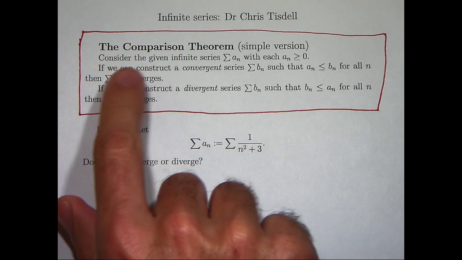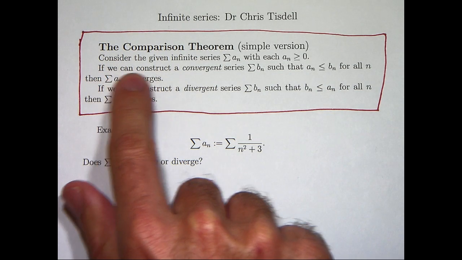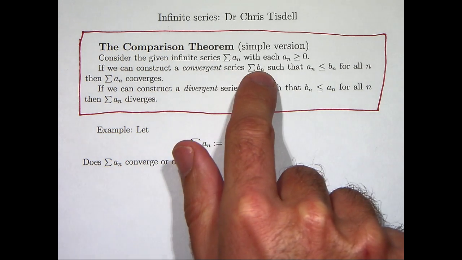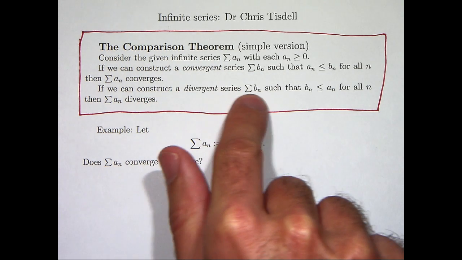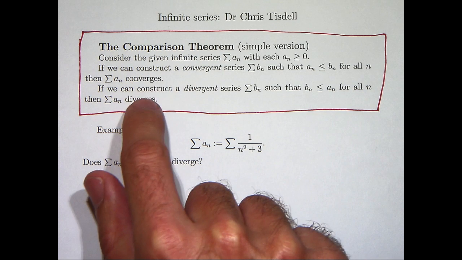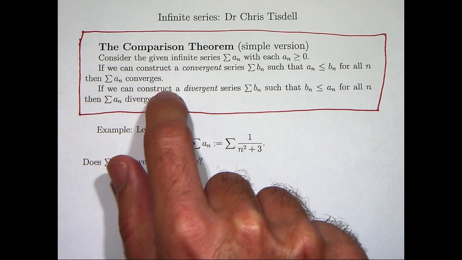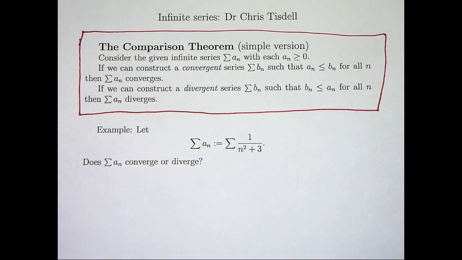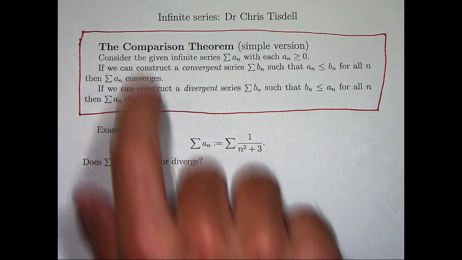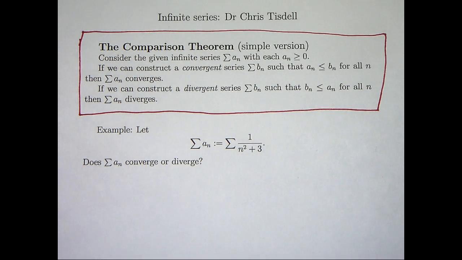Now here I've said if we can construct a convergent series, if we can construct a divergent series. Basically, really all we need to know is these two things exist. But when you apply the comparison theorem, this is actually what you're doing: you're constructing a certain series.